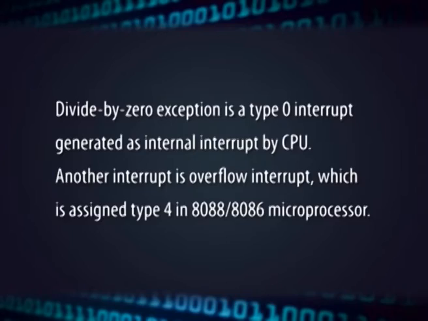For example, divide by 0 exception is a type 0 interrupt generated as an internal interrupt by the CPU. Another interrupt is overflow interrupt which is assigned type 4 in 8088/8086 microprocessor. Type 0 has the highest priority and type 4 interrupt overflow interrupt has the lowest priority.